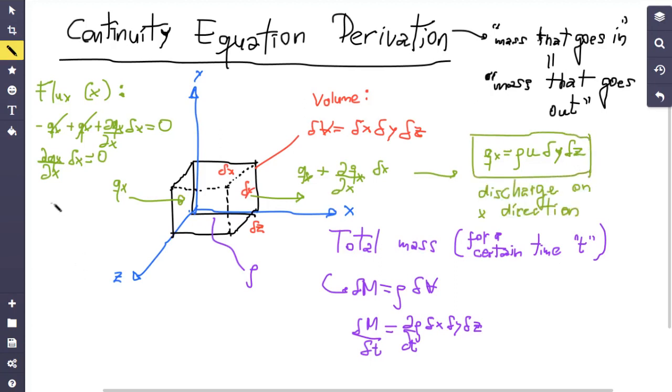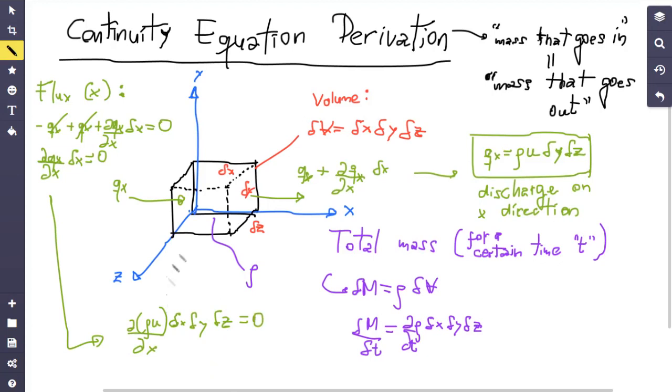Okay, so what we get is the derivative of rho u with respect to x times dx dy dz equals 0.